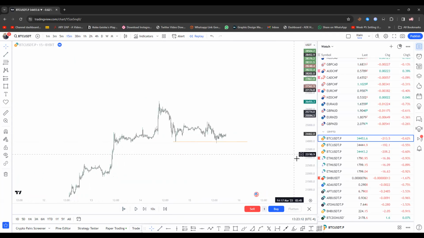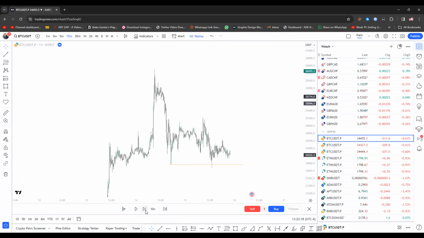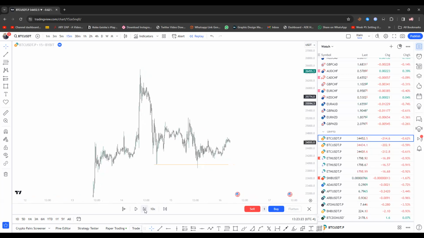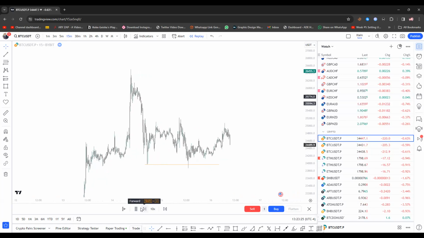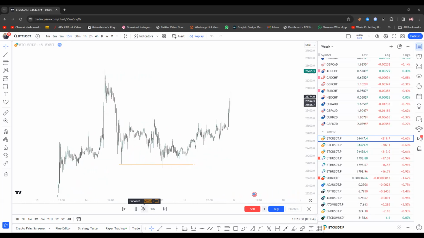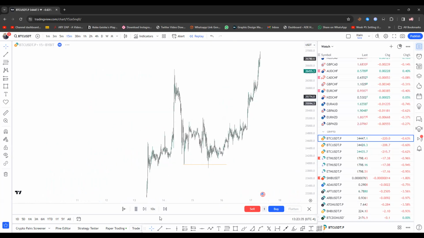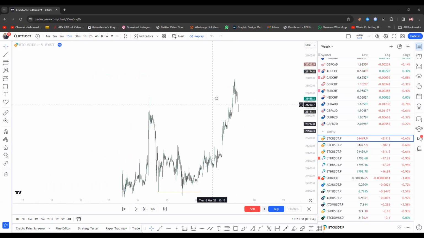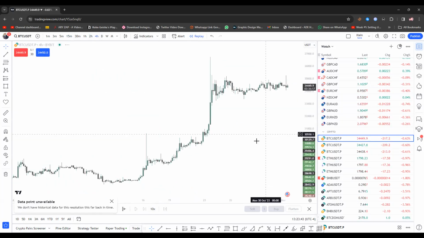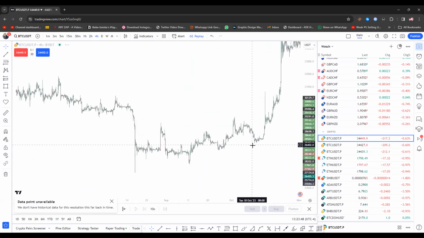It consolidates first, but I guess it begins now. Okay, this probably wasn't the best example, but yeah, you can see the expansion after that. So see how it can be easy to catch expansions.